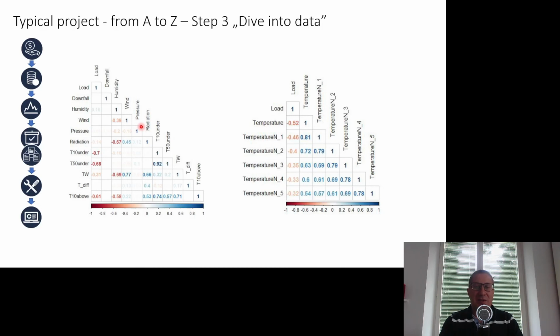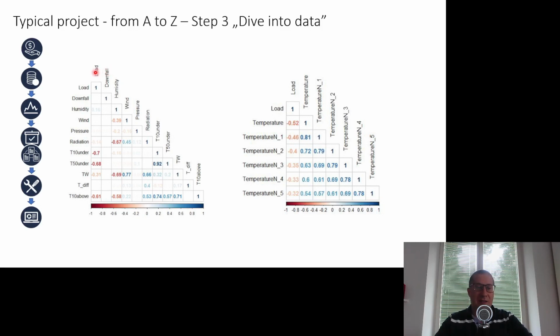Here you can see those correlation plots. This is, I think, more for district heating networks. So if we try to predict the load, the heat consumption, maybe one of the inputs should be the temperature.